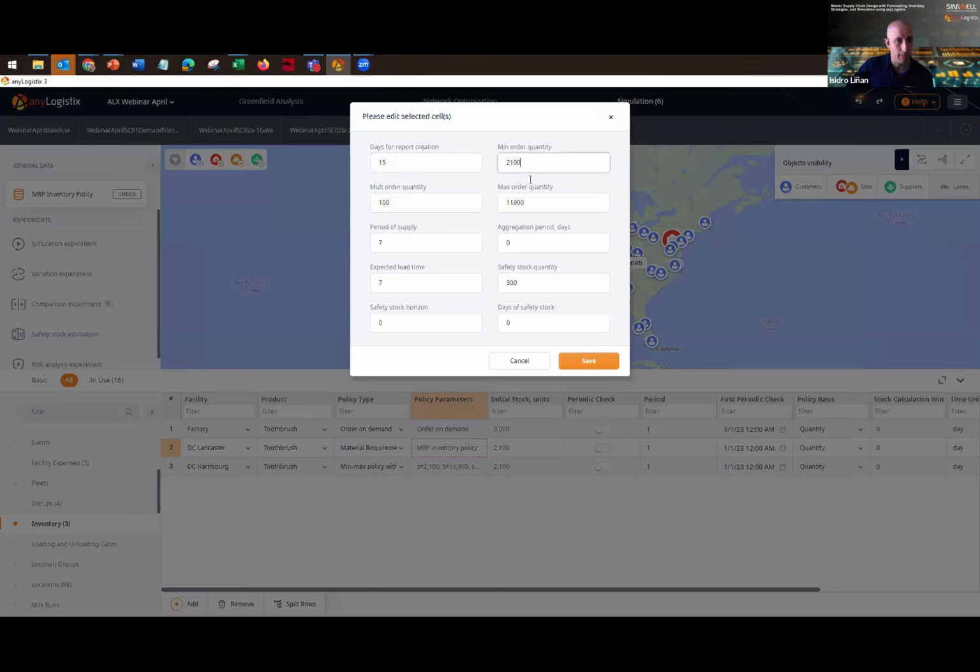We can consider the minimum order quantities and multiple order quantities, which increment to the maximum order quantity, similar to the min-max capabilities. Then we can consider the period of supply, meaning the lead time that we know it will take to serve that distribution center, and the expected lead time. We can determine the safety stock horizon and the days of safety stock.